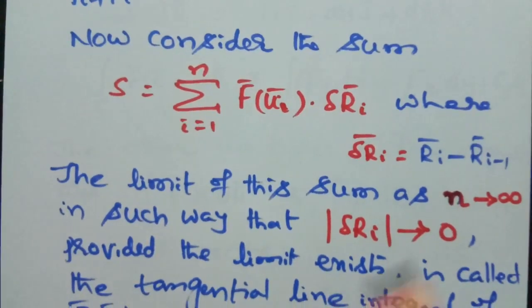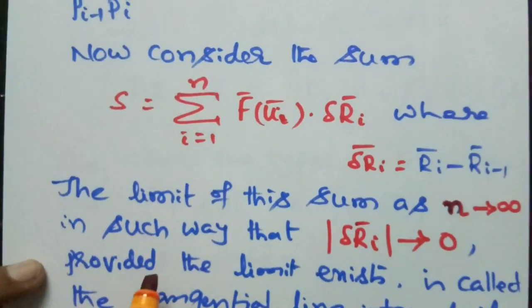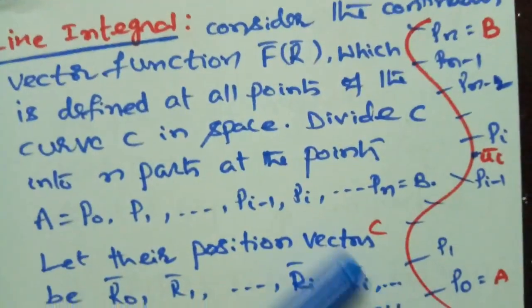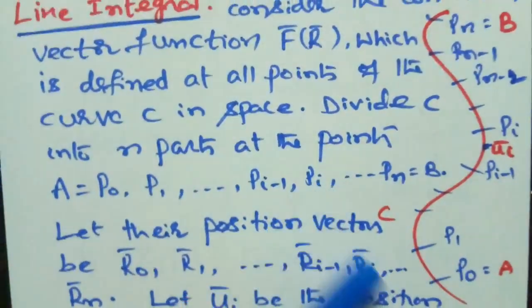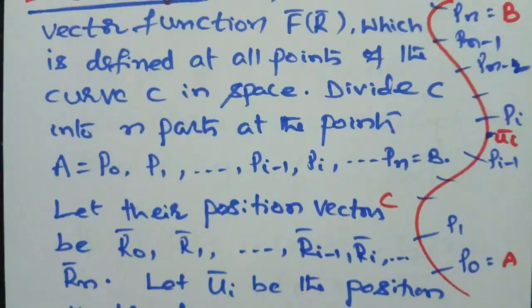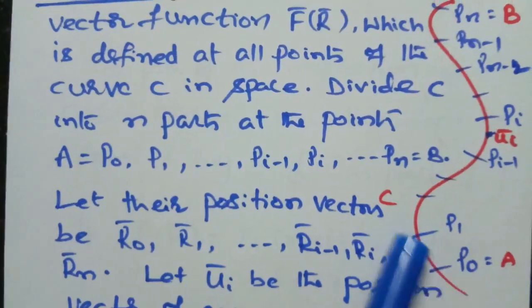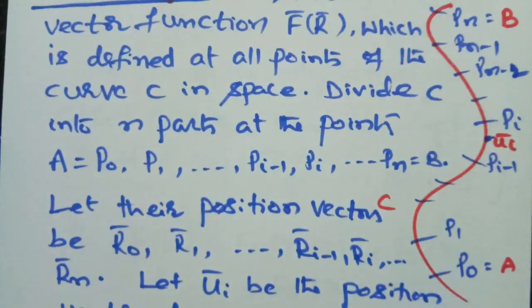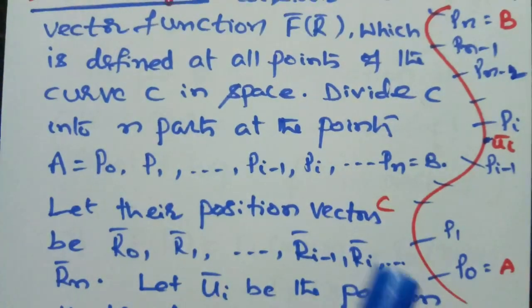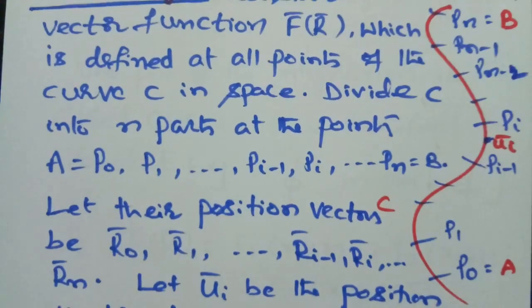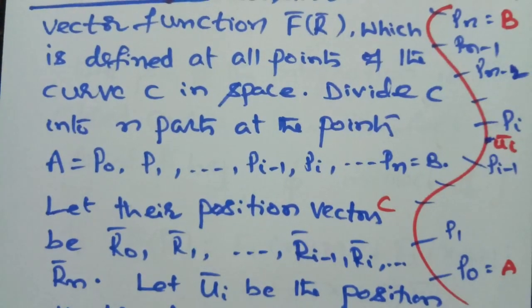Here you observe that the distance between the position vectors of these two points tends to 0, which means these two points are neighboring points. So the division into n parts is extended into an infinite number of parts.